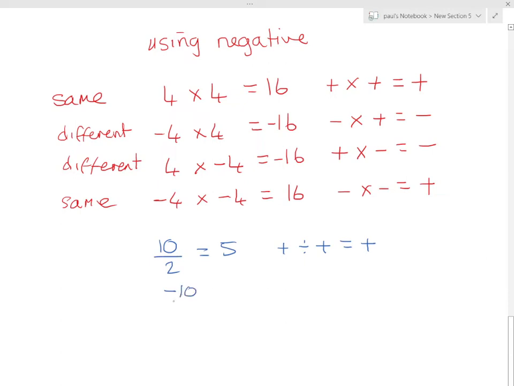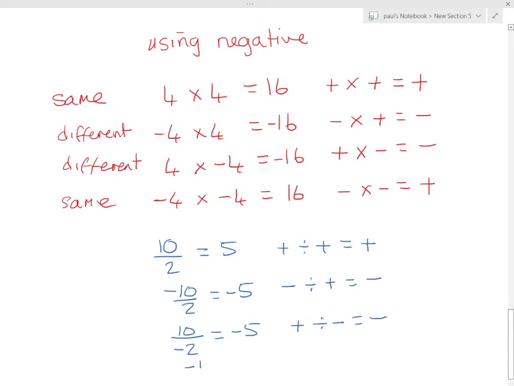Minus 10 divided by 2 equals minus 5. So a minus divided by a plus equals a minus. 10 divided by minus 2 equals minus 5. A plus divided by a minus equals a minus.